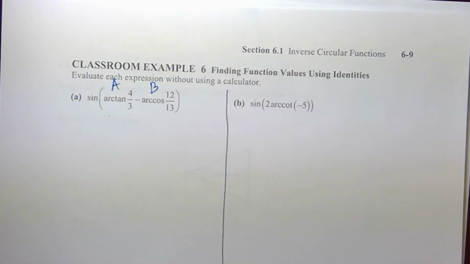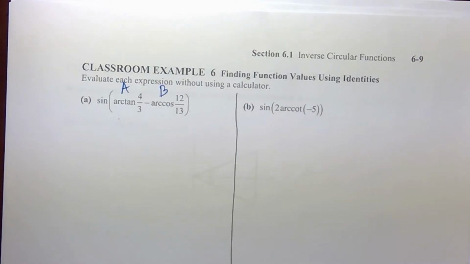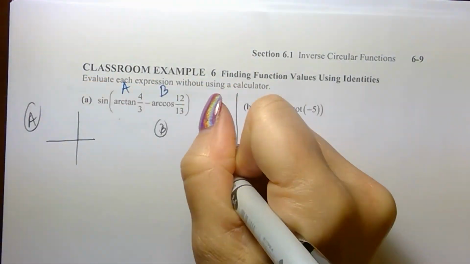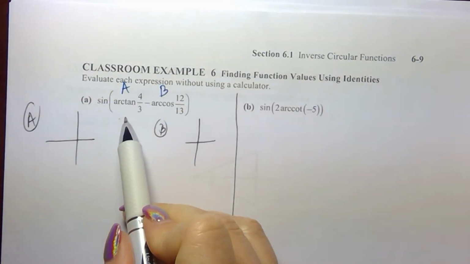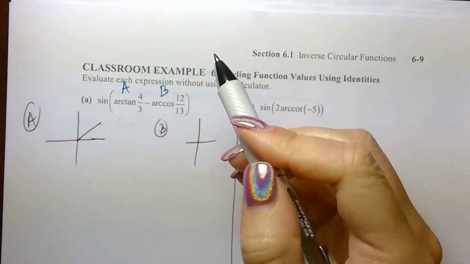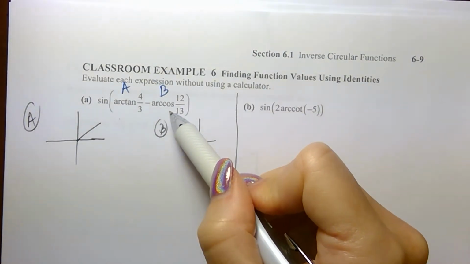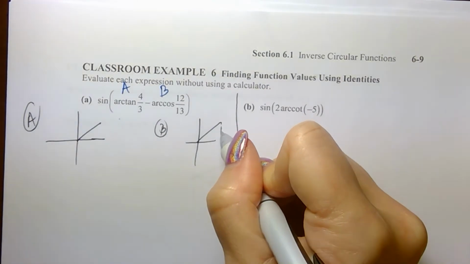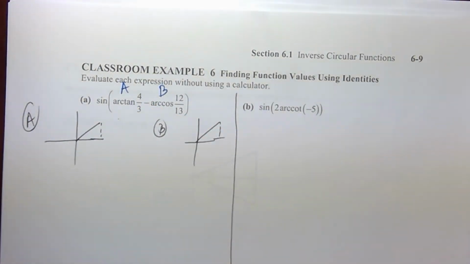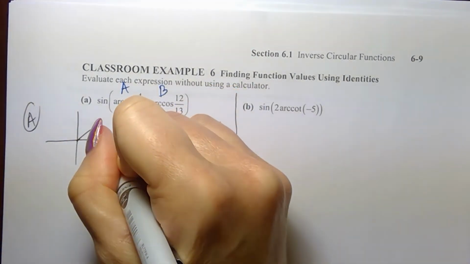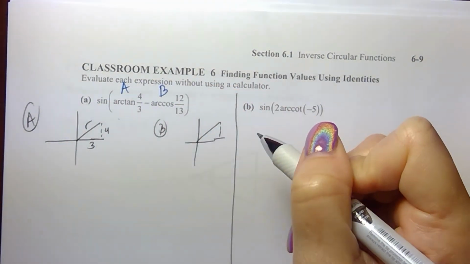Let me divide up our space so that I know where my restrictions are. I've got angle A and angle B. Our tangent value for angle A is positive, so angle A is in quadrant 1. Our cosine value for angle B is also positive, so it's going to be in quadrant 1. For angle A, tangent is y over x, so that is 4 over 3, and I'm looking for r.